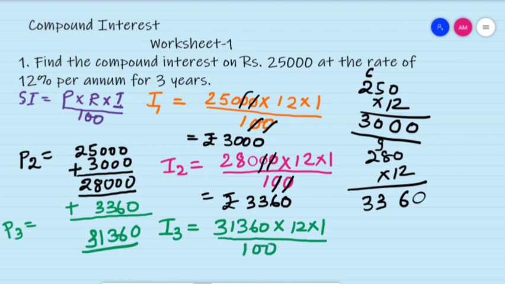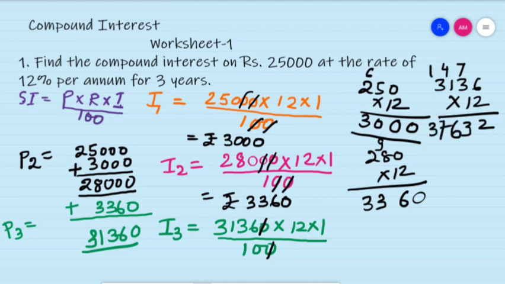Okay. So see, 0, 0 cancel. So let us keep 10 as it is. Now 3136 multiplied by 12. Let us calculate how much is it. 12 6s are 72. So 7. 12 3s are 36 and 7 is 43. 4. 12 1s are 12 and 4, 16. 6 1. 12 1s are 12 and... 12 3s are 36 and 1, 37.